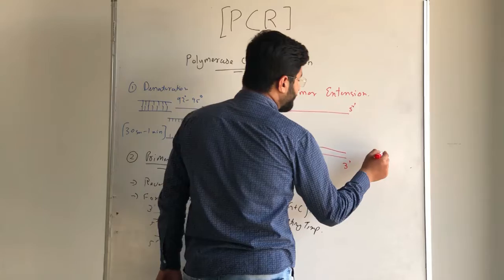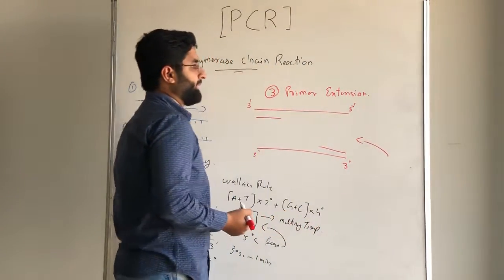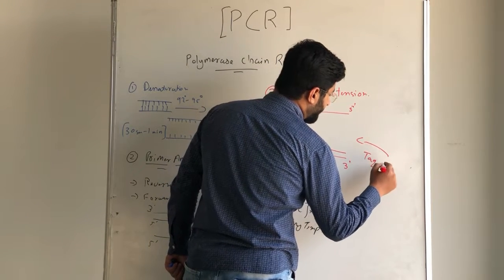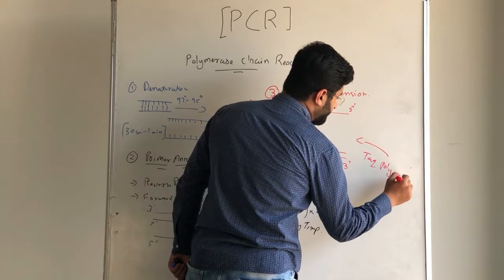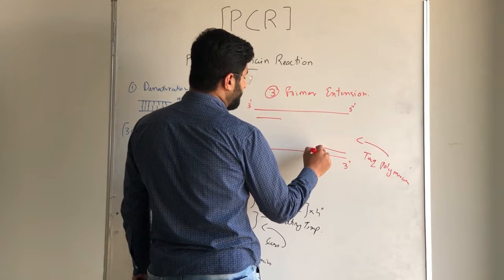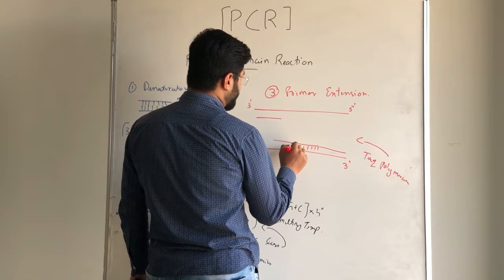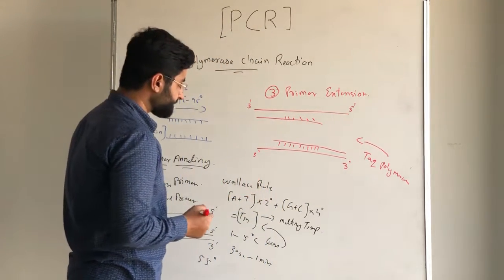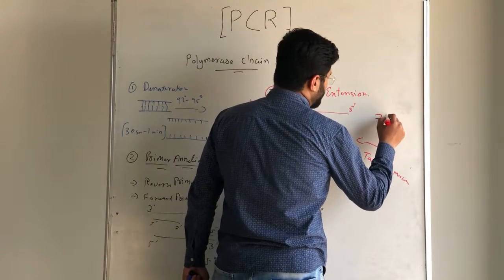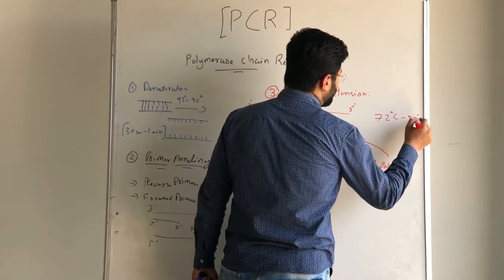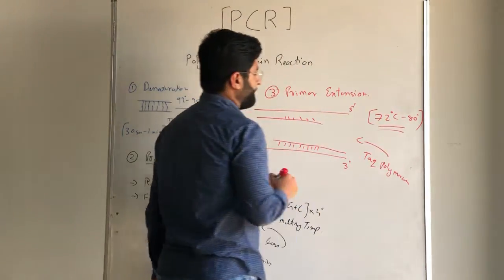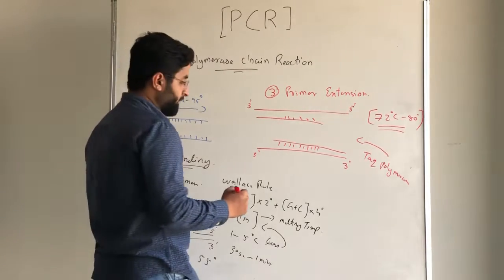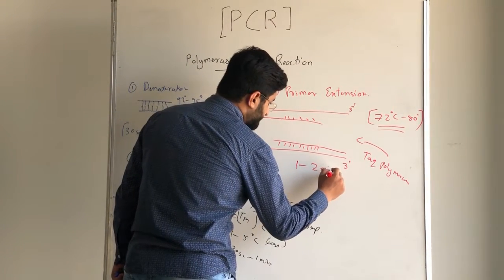Now the DNA polymerase, as we have discussed, is the Taq polymerase extracted from Thermus aquaticus. It will keep on joining these nucleotides in both directions, and the temperature ranges from 72 degrees Celsius to about 80 degrees Celsius. The time taken for the primer extension is about 1 or 2 minutes.